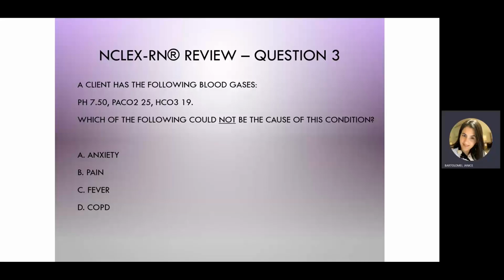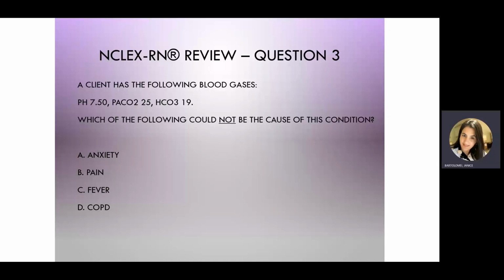A client has the following blood gases: a pH of 7.50, a CO2 of 25, and a HCO3 of 19. Let's do the arrows again. pH is up or down? Up. More than 7.45. CO2 up or down? It's down.